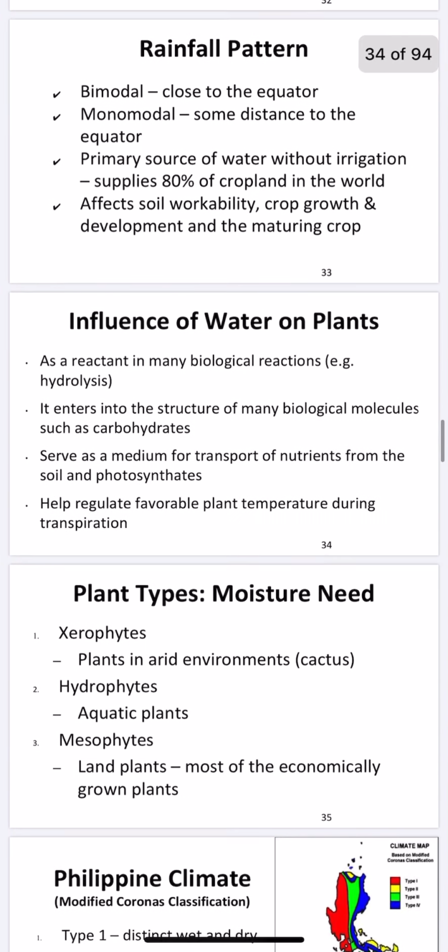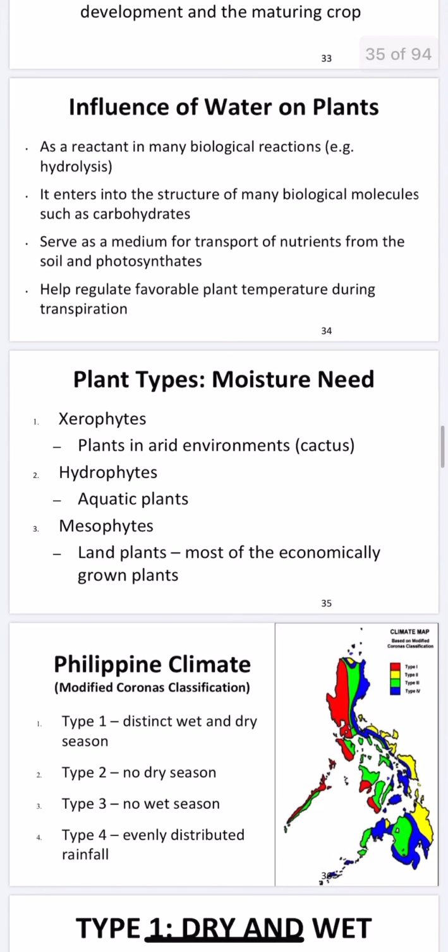So what is the influence of water on plants? Water is very important as it comes from rain. It is a reactant in many biological reactions like hydrolysis. We all know hydrolysis is one of the processes involved in plant growth, and water enters into the structure of many biological molecules such as carbohydrates and serves as a medium for transport of nutrients from the soil and photosynthates.